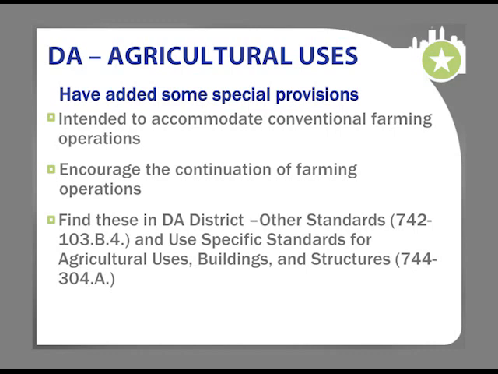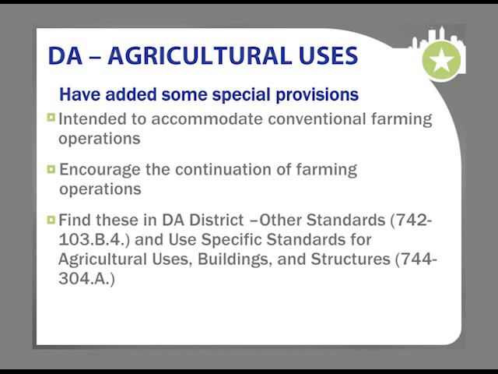When we talked about the different zoning districts, Chapter 742, we indicated that some of the districts have what we call other standards that are unique to that district. DA is one of these.